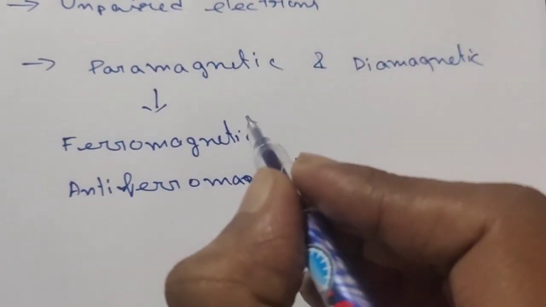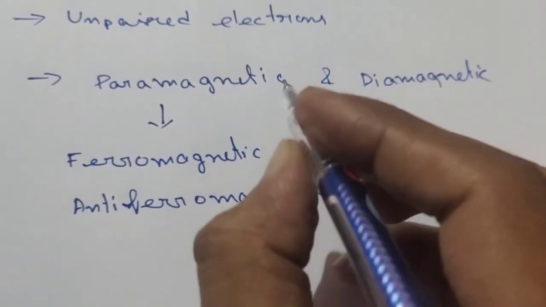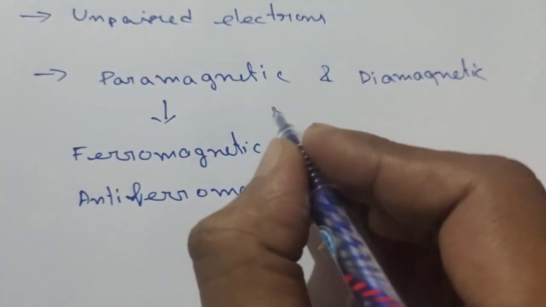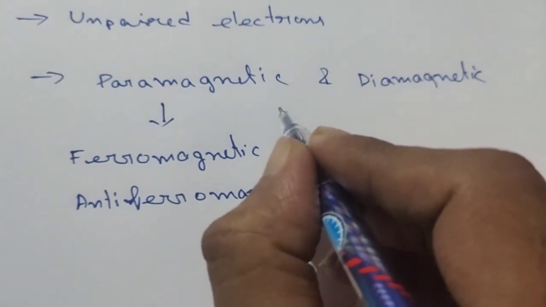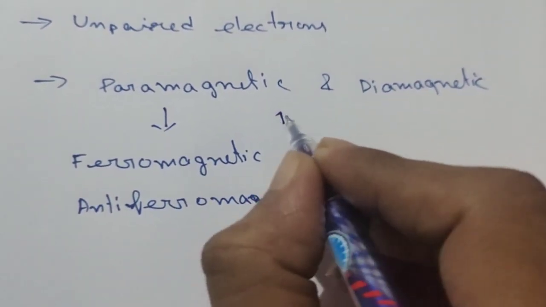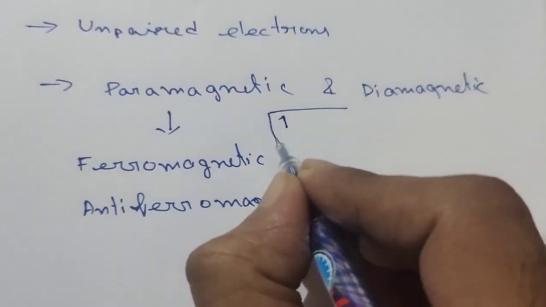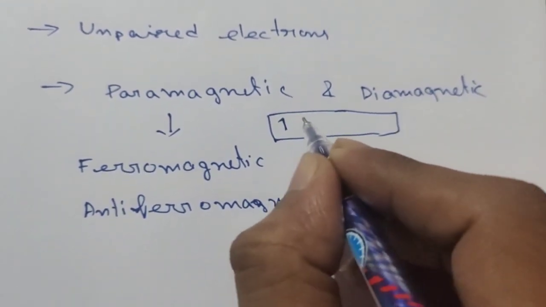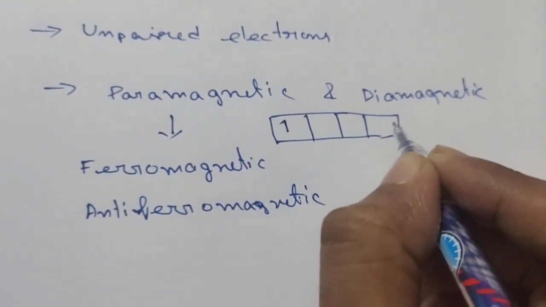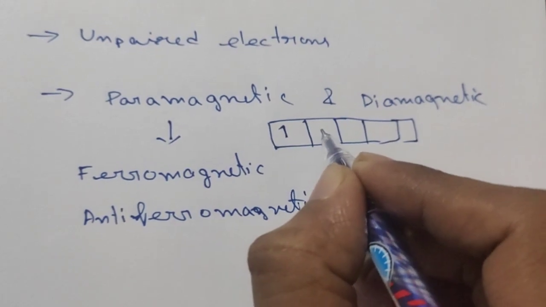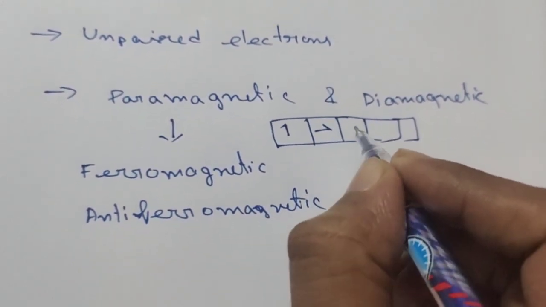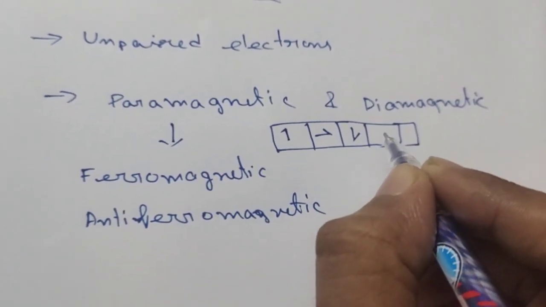In paramagnetic, there are some unpaired electrons. This could be like this one. If you draw, they may orient like this in any direction.